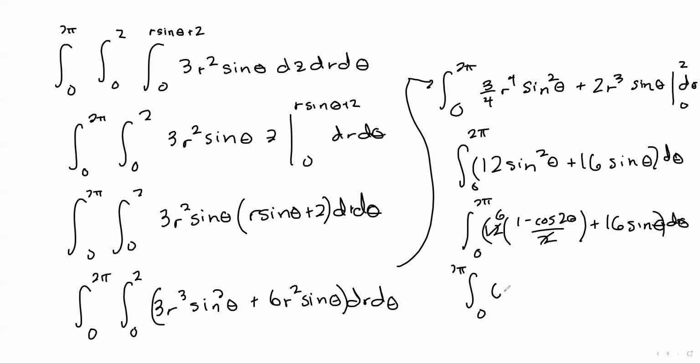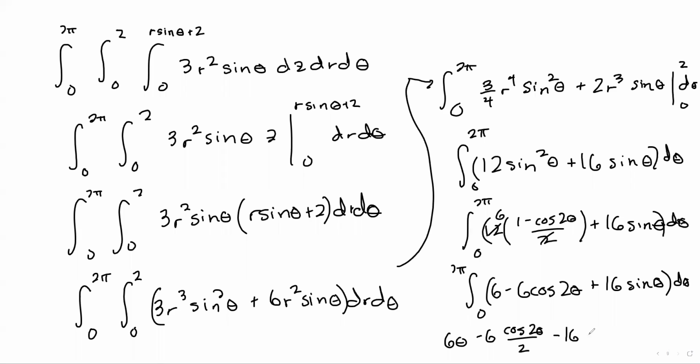So we're going to get 6 minus 6 cosine 2 theta plus 16 sine theta. So the antiderivative here, we're going to have 6 theta. The antiderivative for this one is going to be negative 6 cosine 2 theta over 2, and then negative 16 cosine theta, 0 to 2 pi.